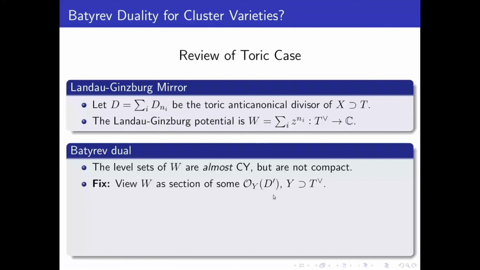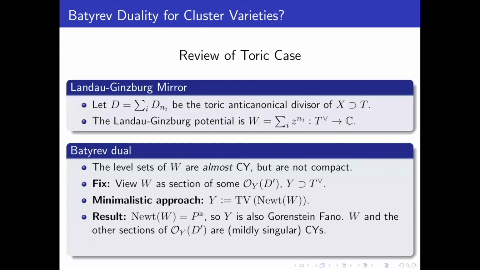D prime will be a divisor on Y. The minimalistic approach here, the least thing that we can do if we want to view W as a section of O of Y twisted by D prime, is to just take the toric variety associated to the Newton polytope of W. The Newton polytope of W will give us some reflexive polytope.